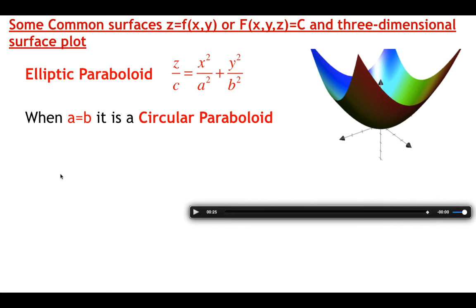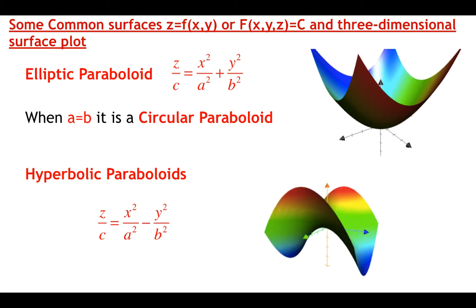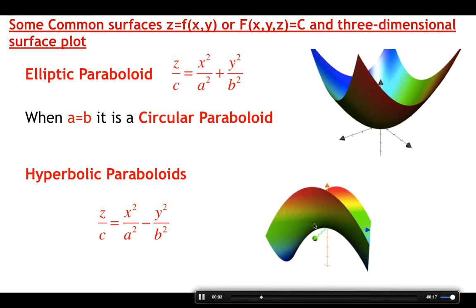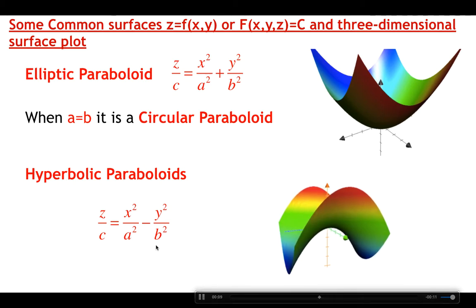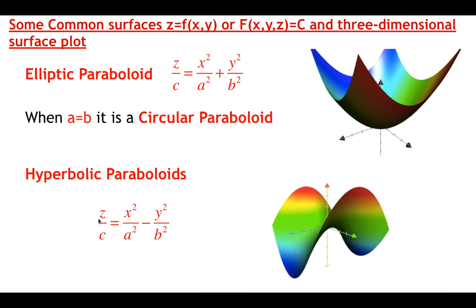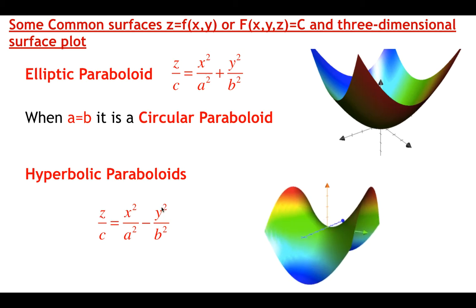Finally, we can have hyperbolic paraboloids, which are z over c is equal to x square by a square minus y square by b square. A hyperbolic paraboloid will look like this. You can see there is a parabola: for y fixed there is a parabola z is equal to x square, and for x fixed it is z is equal to minus y square.